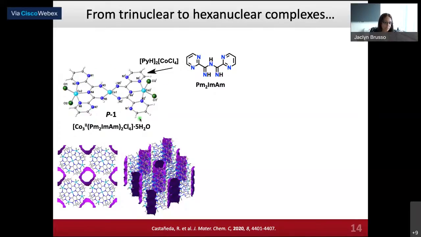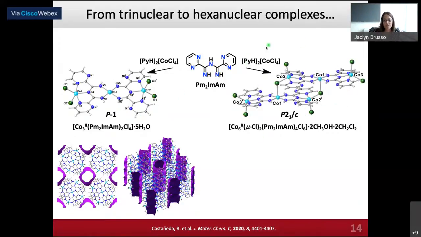Something that we found that was pretty interesting, well, actually somewhat surprising and concerning at first, but interesting in the long run: when we tried to remake this compound to do full characterization, we isolated a hexanuclear system, which is almost like a dimer of these trinuclear complexes.